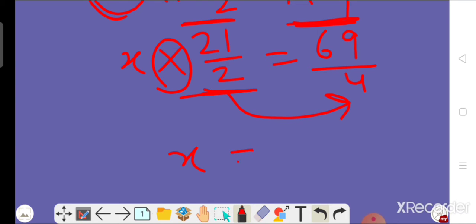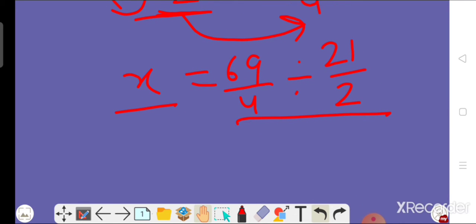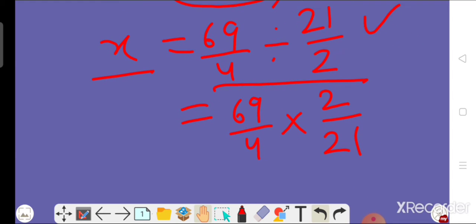So x is equal to 69 by 4 divided by 21 by 2. Now to find the value of x we have to solve this division, and we know how to solve the division of fractions: by changing the division sign into multiplication and the divisor into its reciprocal.